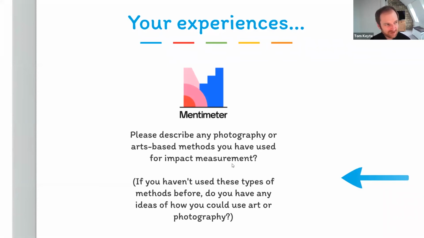It could be that you've just got some fantastic photos and you've used them in reports, or it could be that you've used some more advanced techniques, and I know some of my team have and can share that as well. If you've not used any photos or arts-based methods before, I would love to hear some ideas about how you could use them, or a method you've wanted to use.